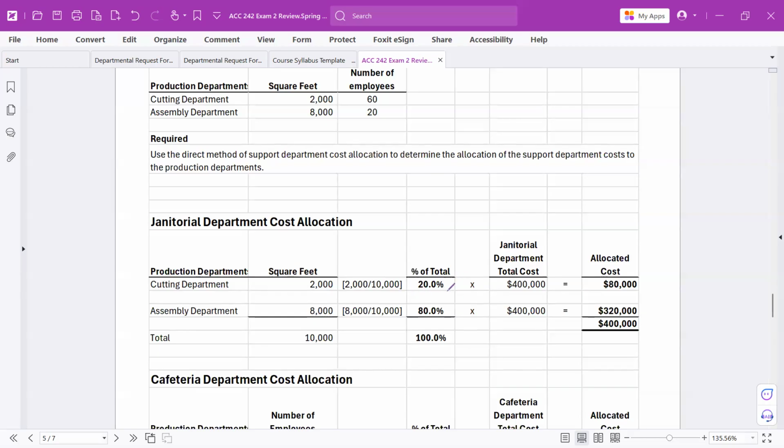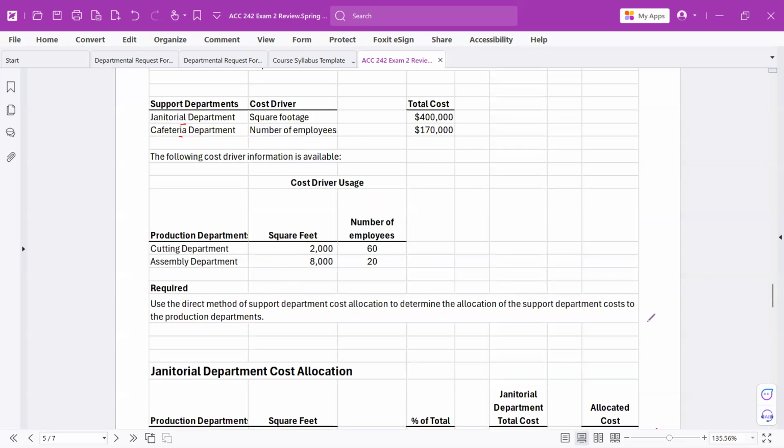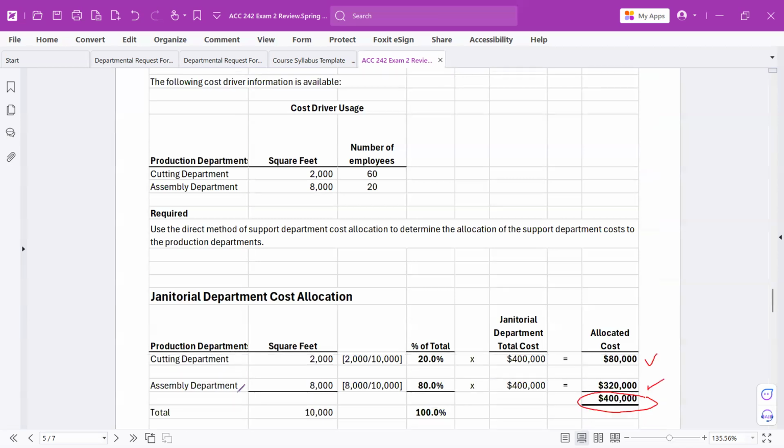That's going to be 20% that we allocate of that 400,000 or $80,000. 8,000 out of 10,000 is 80% times that 400,000. We're going to allocate the 320. We've allocated the total $400,000 from the support department for janitorial to these two production departments.